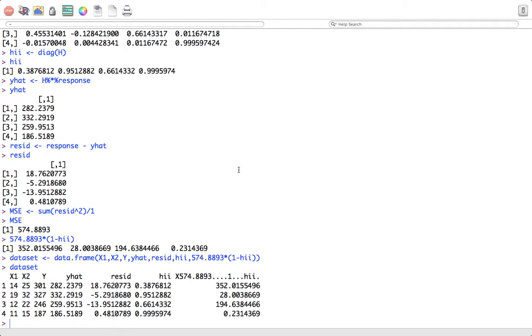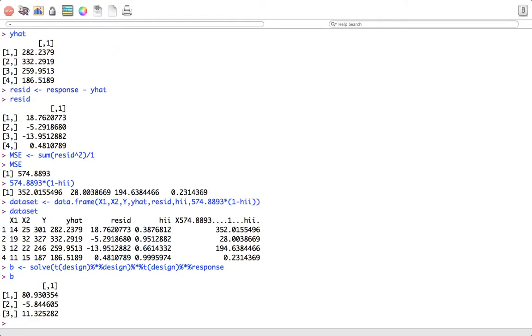So let's go see if we can show that. The predicted value for the first, so we need our design. Well, first thing we've got to do is get our beta matrix, don't we? I haven't even done that yet. So I need to solve the design. We should be really good at this by now. We called it our response, didn't we? So guys, there's our betas.